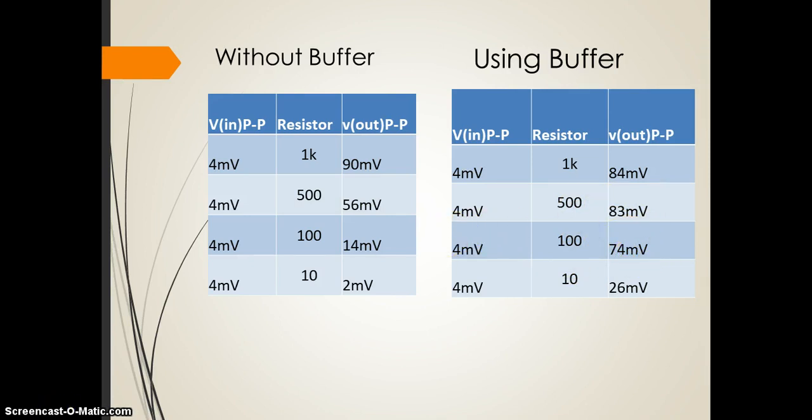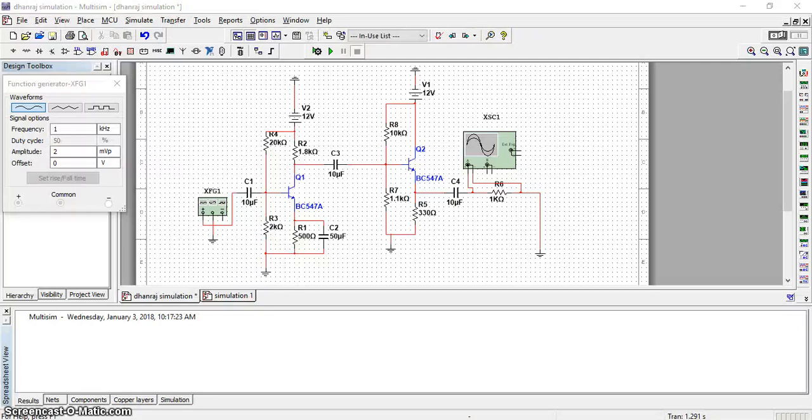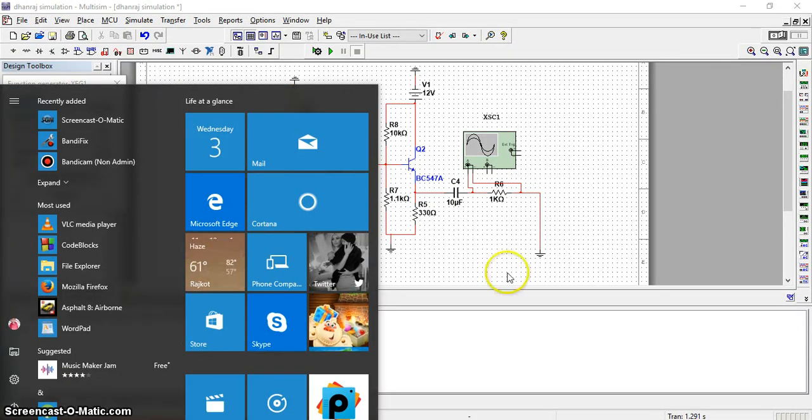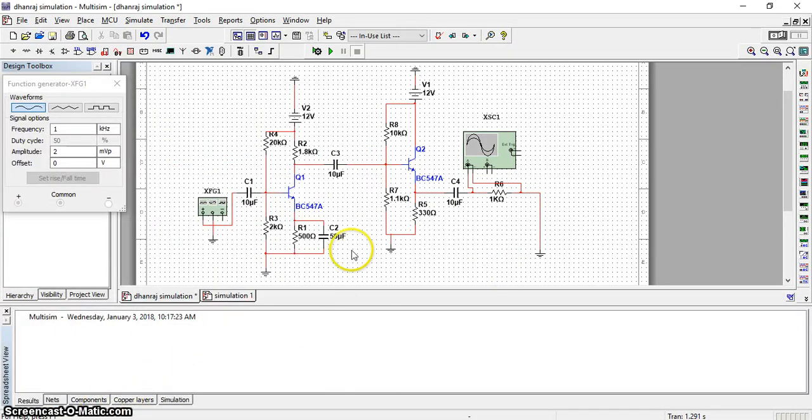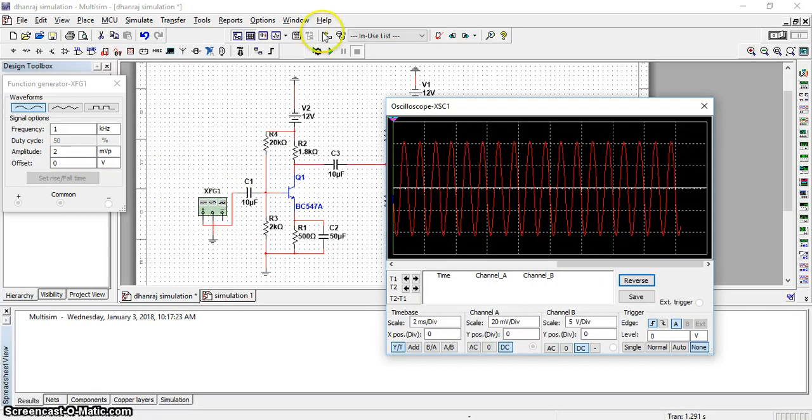Now we will check in the simulation circuit. In this circuit, when we use a 1 kilo ohm resistor and the applied voltage is 2 milliwatt peak, we will check the output.